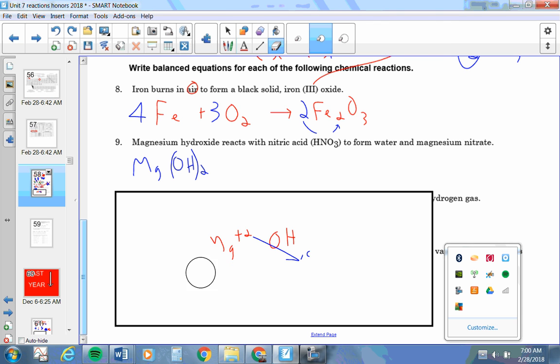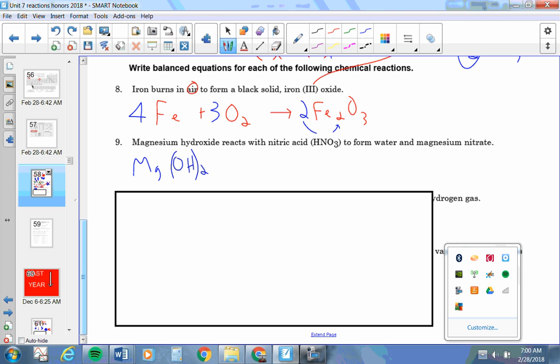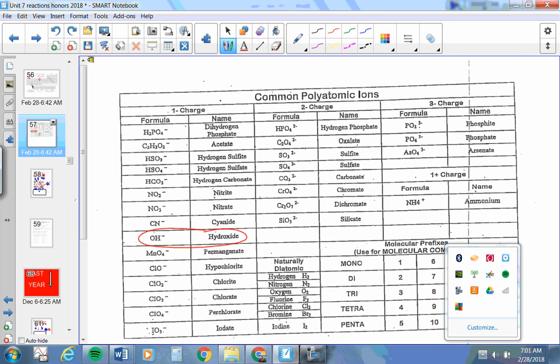Nitric acid, you weren't expected to know. Somebody just told you it is HNO3. It forms water, H2O, and magnesium nitrate. Magnesium, we just saw that. That's an Mg with a +2. Nitrate, I'm going to have to go looking. There it is, NO3 with a -1.